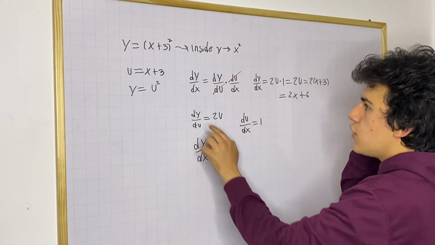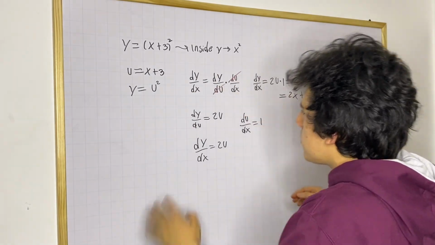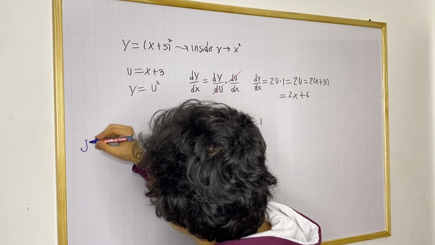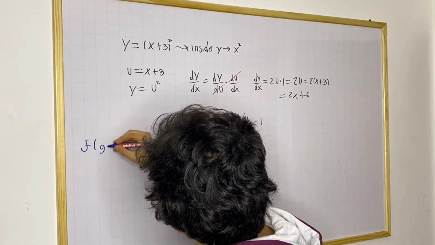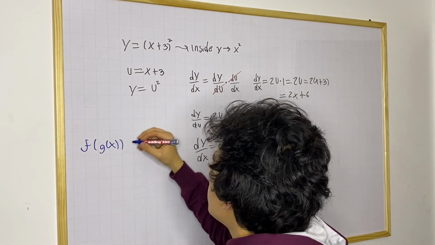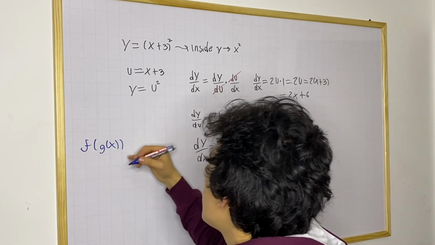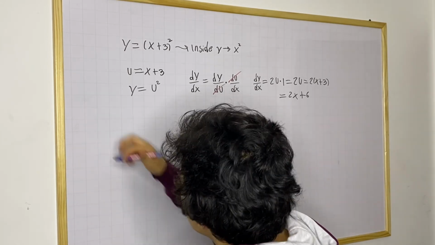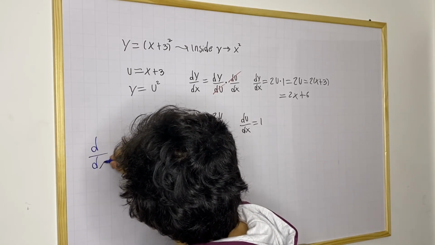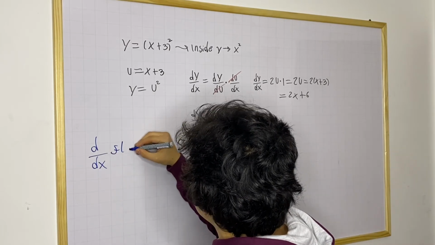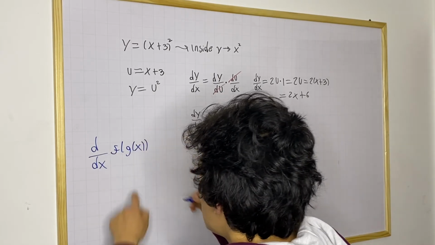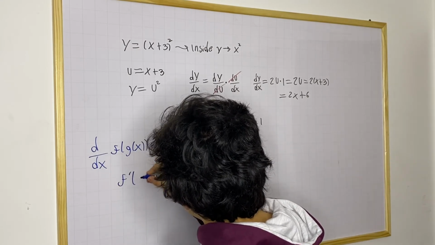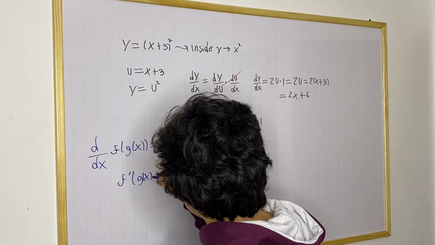Now, if you're getting confused with assigning all these variables and all this notation, one way you could see it is that if you've got simply a function f that takes as an input g of x, the derivative with respect to x for f of g of x is just simply going to be f prime of g of x.